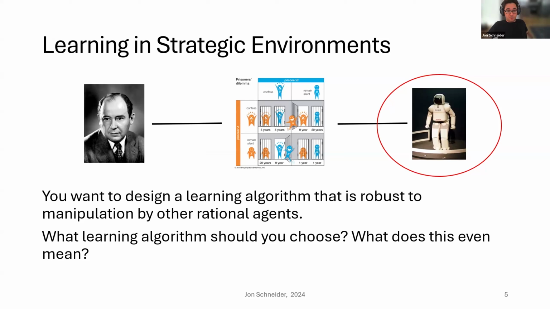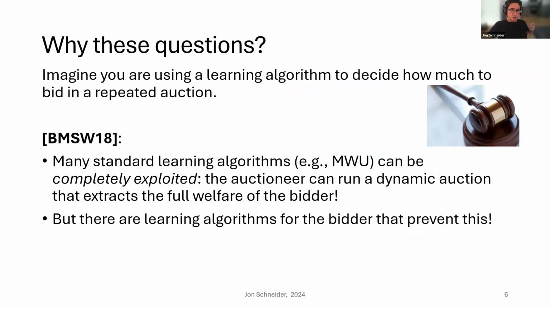So you want to learn these over time, but in a way that guarantees you good utility, and ideally is robust to manipulation by other rational agents. If you're trying to design a learning agent for a game like this, what learning algorithm should you choose? And what does it even mean that you want to be robust to manipulation? Okay, so these are the two main sets of questions we're going to study.